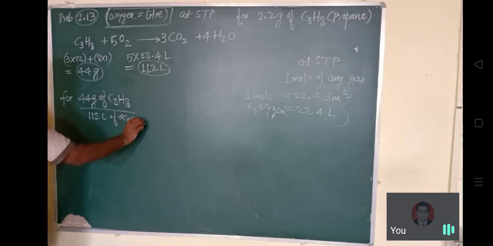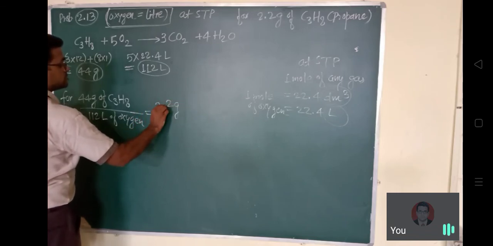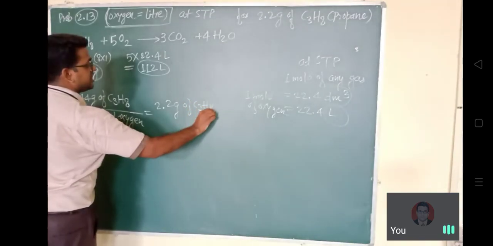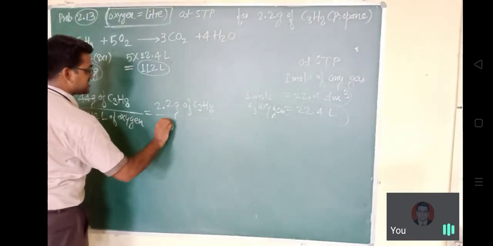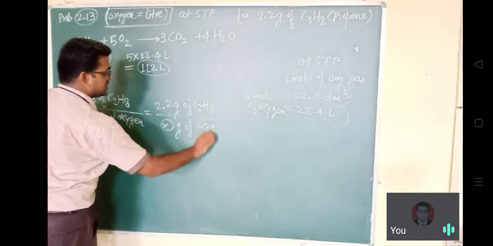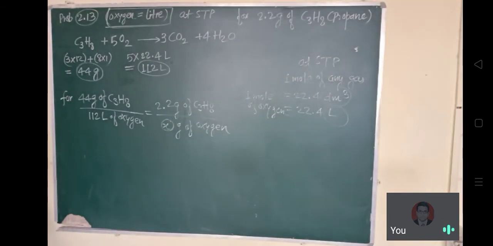Then for 2.2 grams of C3H8, how much, that is x liters of oxygen, is required. So now we will find out the value of x.